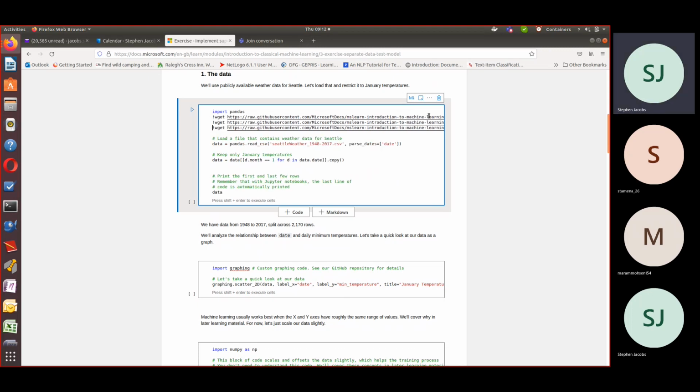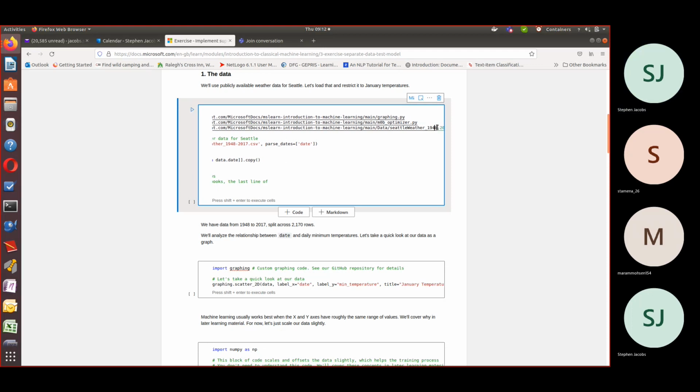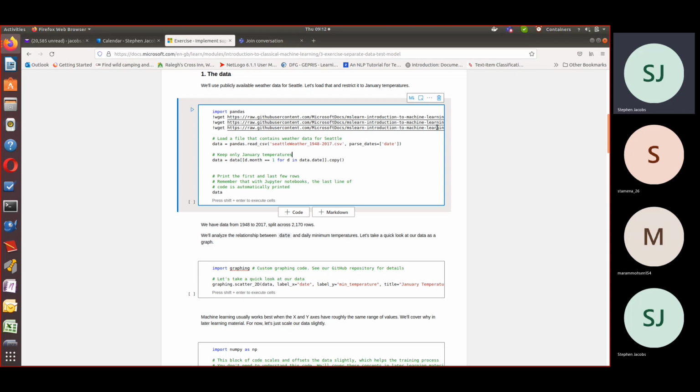That is the optimizer from the machine learning library. And then lastly, our data, which is for Seattle weather, 1948 to 2017.csv. So they're the three things that we're going to need today.